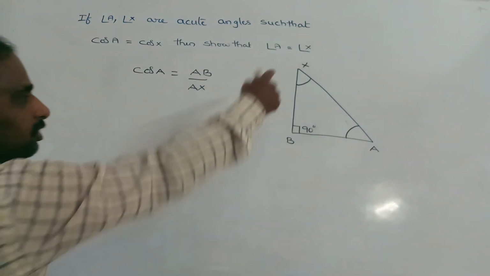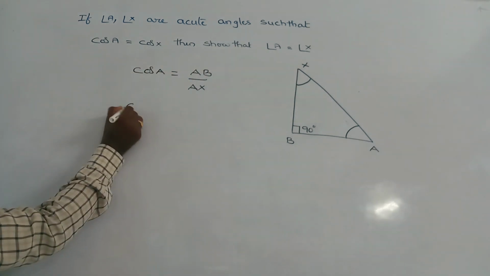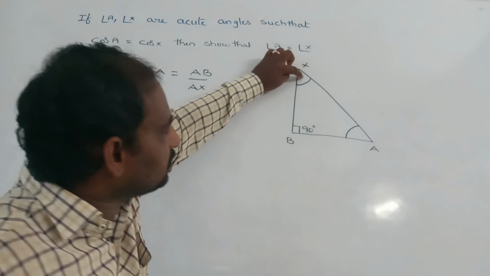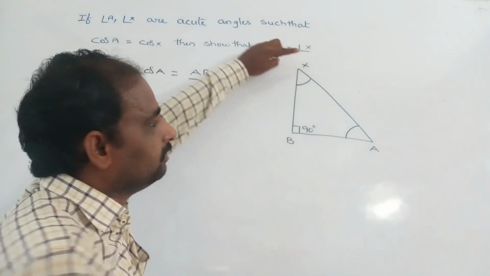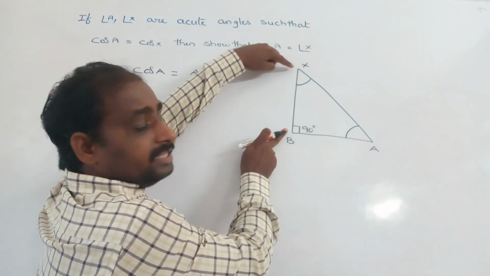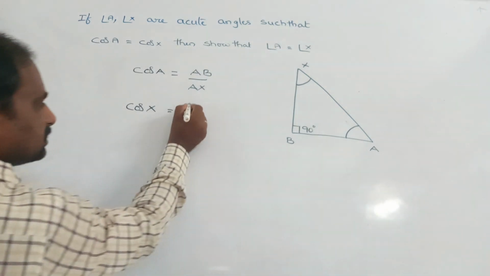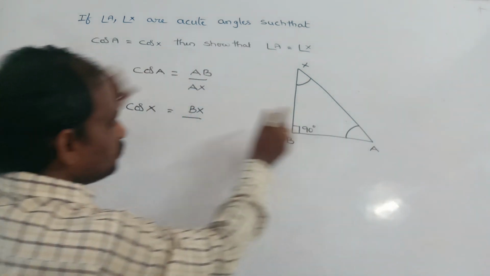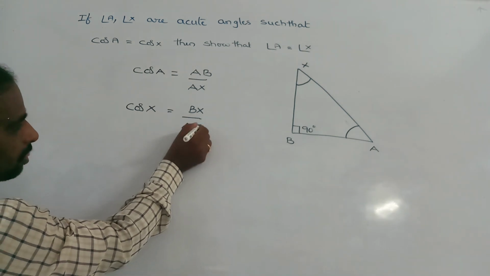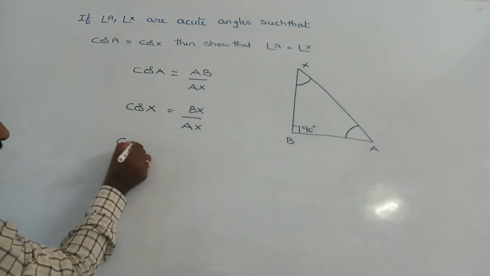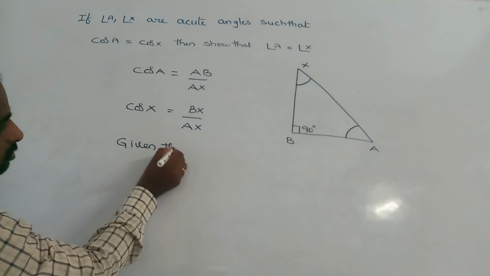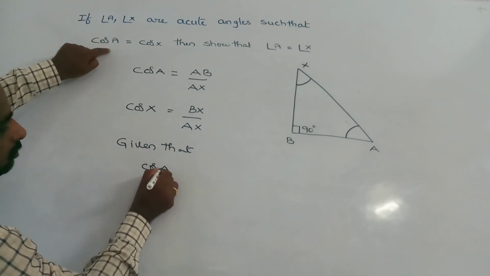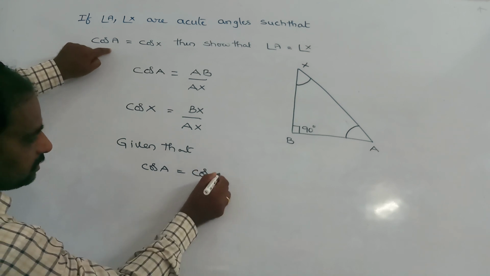In the same way, take the angle at X, cos X. The adjacent side is BX, and the hypotenuse is as usual AX. Given that cos A is equal to cos X.